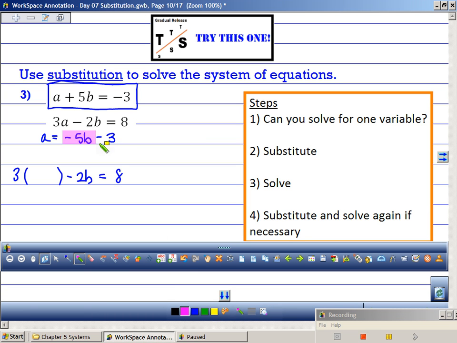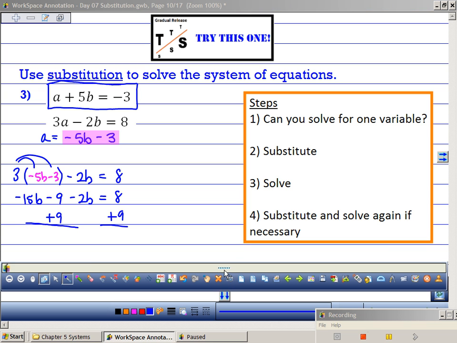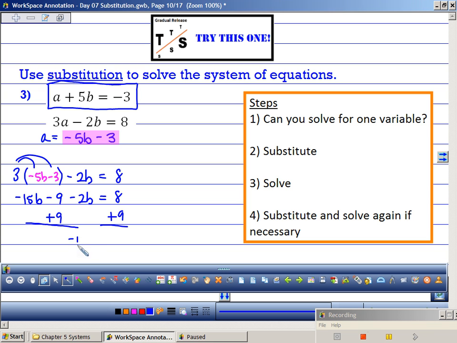A is -5b minus 3, so I put in -5b minus 3, then distribute, and I get -15b minus 9, minus 2b equals 8. I'm going to add 9 to both sides, and at the same time combine like terms. So -15b and -2b is -17b equals positive 17.